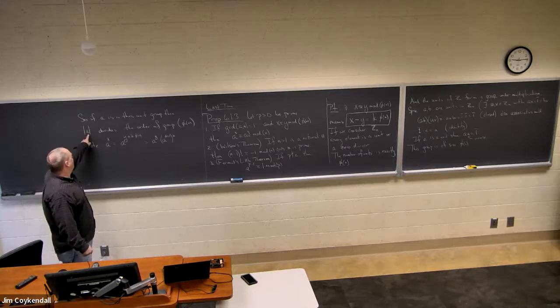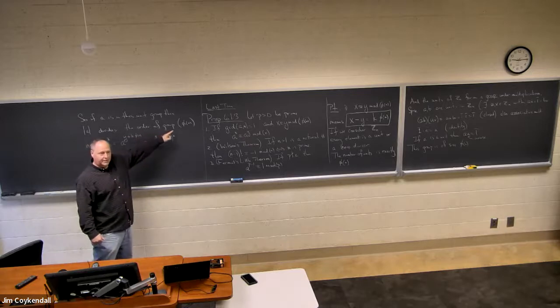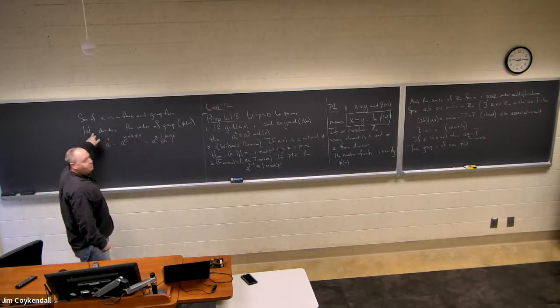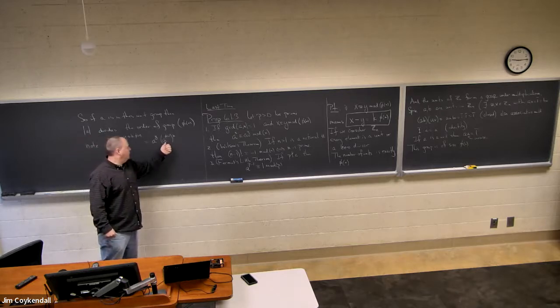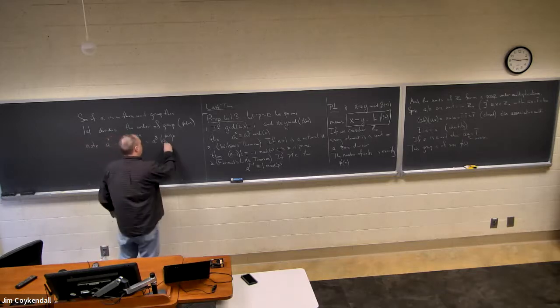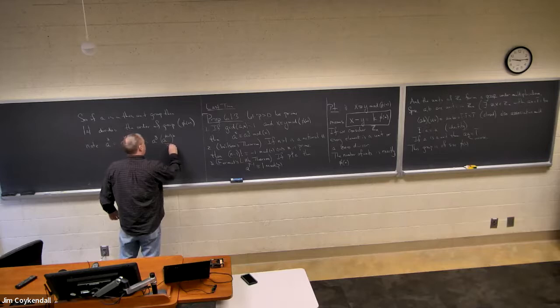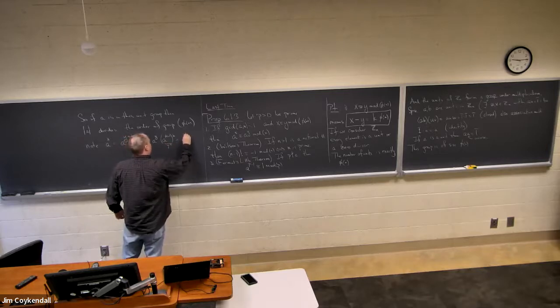Well, the order of A divides the order of the group, right? So suppose the order of A is Q. That means A to the Q is 1, and this is a power of A to the Q, so it's a power of 1. This is 1 bar to the K power.